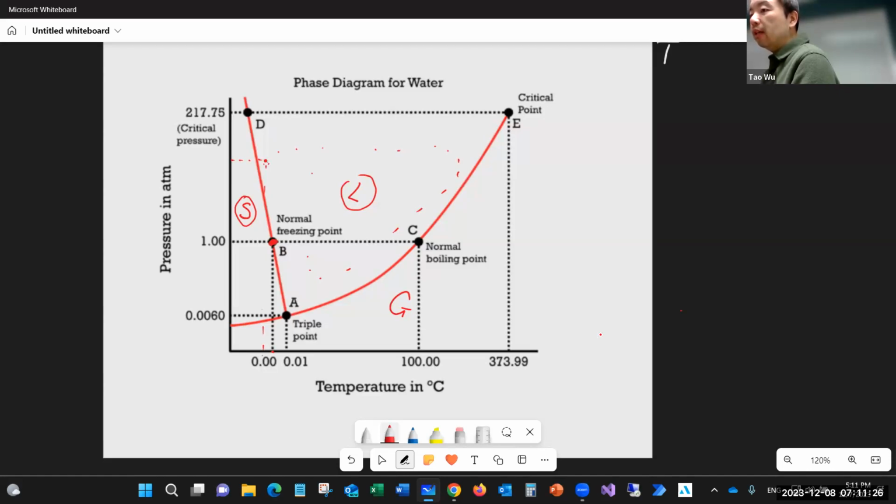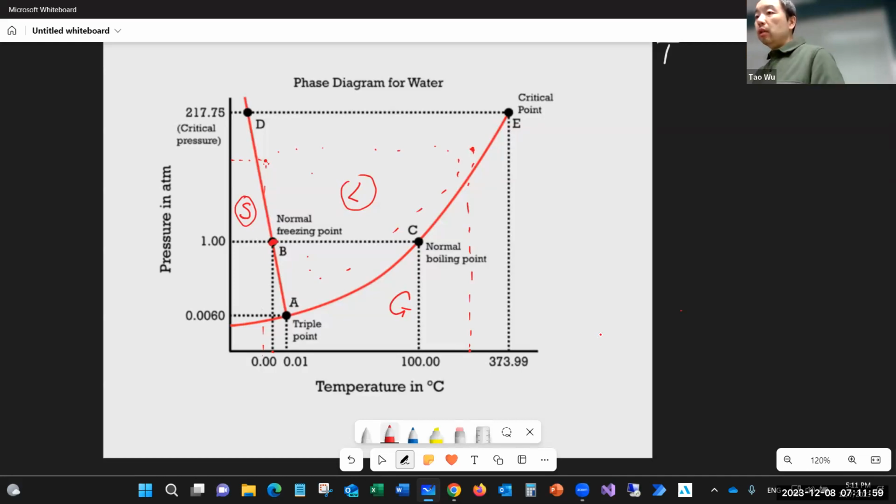If you have a low temperature but a really high pressure, it still becomes a liquid for water. If you have a really high temperature, even higher than 100, it should be a gas phase, but if the pressure is high, it's still going to be a liquid phase. Do you understand the meaning of this part?